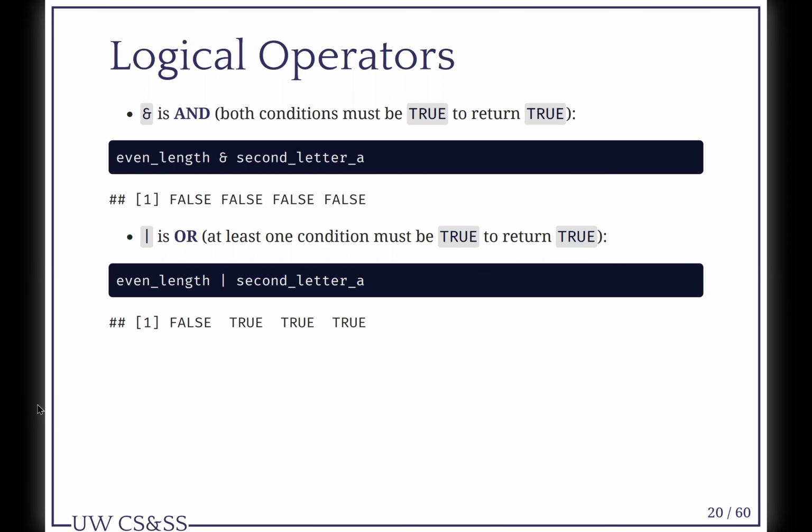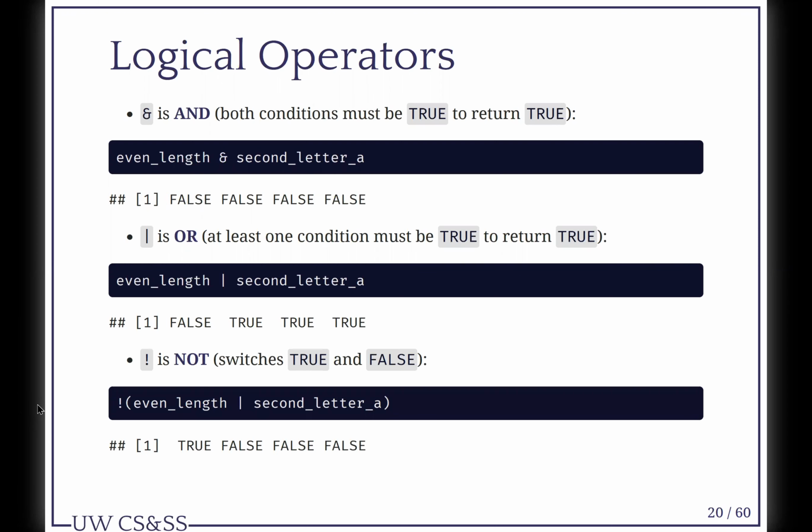Andre is the odd one out. Beth, Carly, and Dan are true. Note that the exclamation point is the negate. Here, the not switches true and false. So if we said not even length or second letter A, we'd receive just Andre is true and all the rest is false.